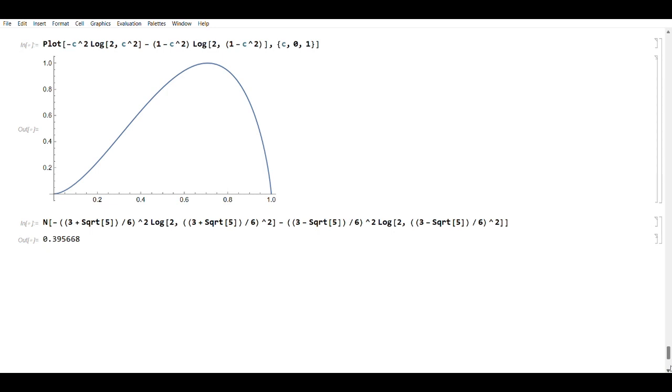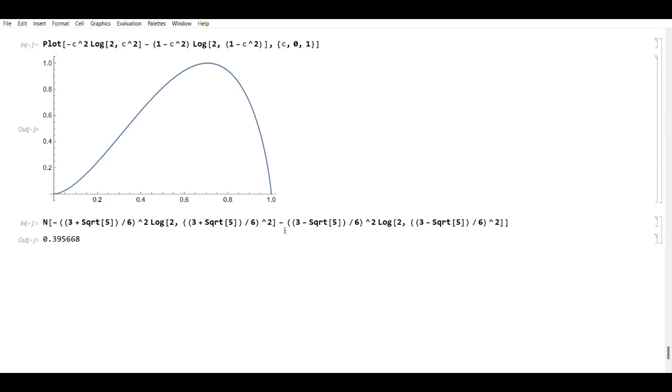Okay, so here I am in my Mathematica window, and this was the value of the entanglement of formation for the previous part that we saw. The value of that is what I have put in over here. When I said I'm putting in my calculator, it was over here.